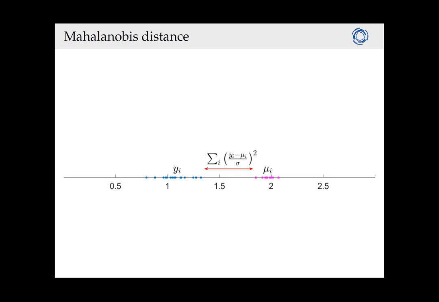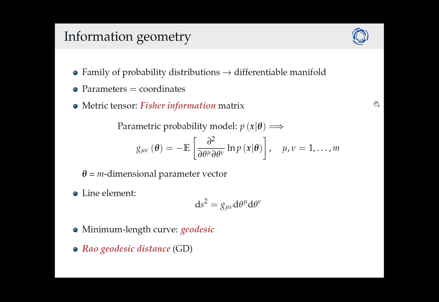And here we're going to take an approach which is rooted in a mathematical discipline that is quite well developed, called information geometry. And this will ultimately allow us to calculate distances between distributions.